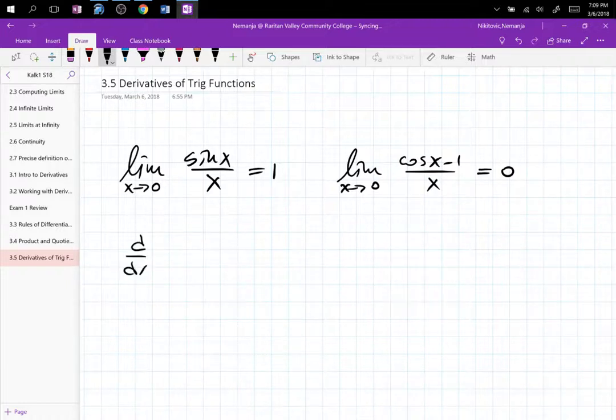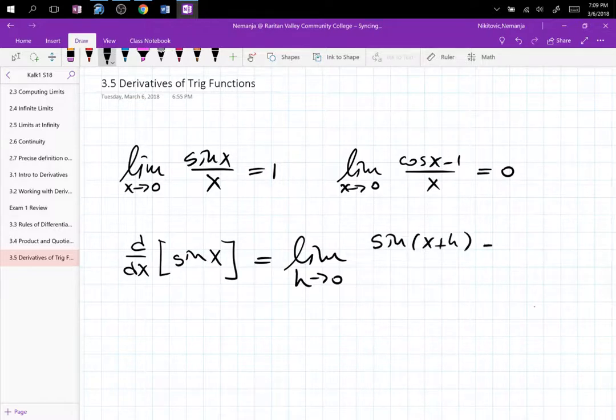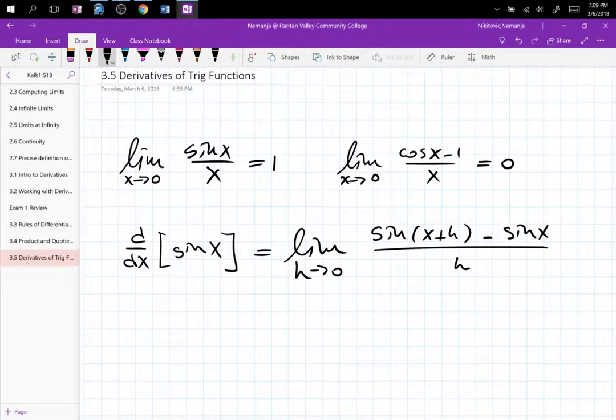So what is the derivative of sine x? That's what we're looking for. Well, we know how to find the derivative using the limit: the limit as h goes to 0 of sine of x plus h minus sine x, over h.